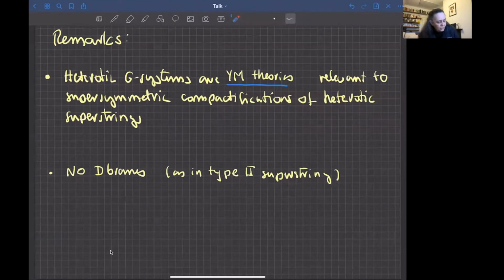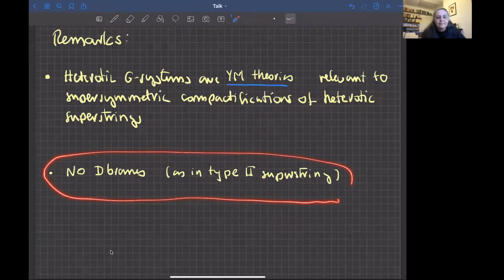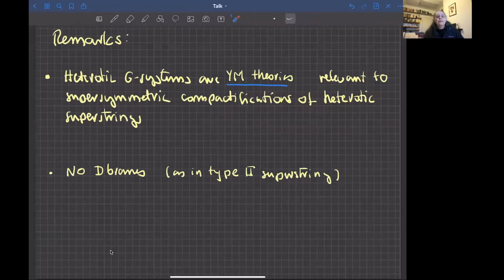The other thing I want to point out is that, on the face of it, they look rather different from type 2 theories, though eventually through dualities one should be able to map the structures in type 2 theories and heterotic theories. When one starts working on them, they look rather different. In the heterotic compactification, one has no D-branes. When you compactify a type 2 theory, say on a Calabi-Yau, you also have D-branes, which are non-perturbative corrections of your theory, and you need these to be able to get a non-trivial gauge theory.